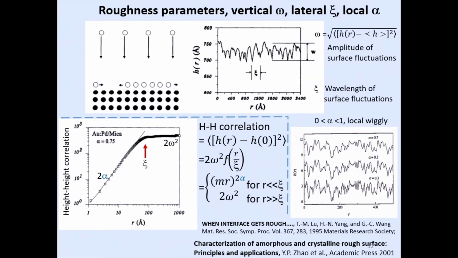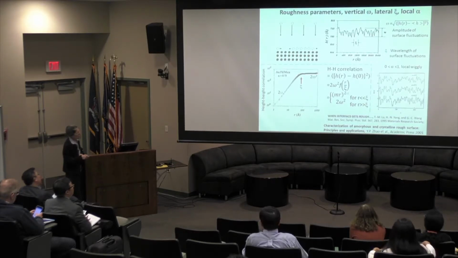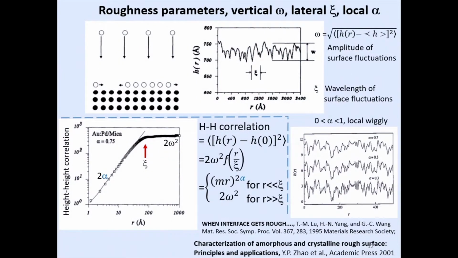Okay? So if you have a surface that has a self-affine or mound structure or any anisotropic surface, you can use the height-height correlation, which is the height at a certain position minus the height at the origin of reference you choose, squared, then ensemble averaged over the entire surface. It has a certain asymptotic behavior when the position is very large compared to a characteristic feature, your lateral correlation length. The value is actually 2W squared.